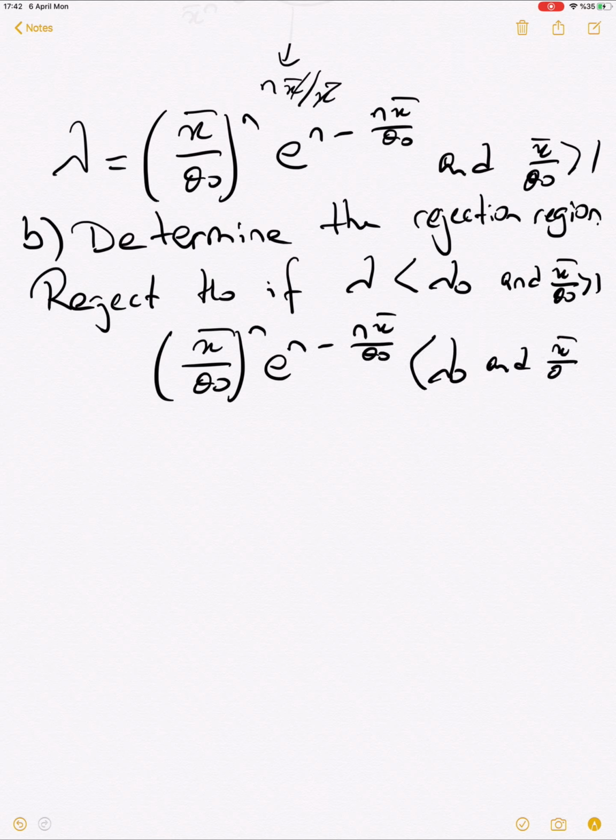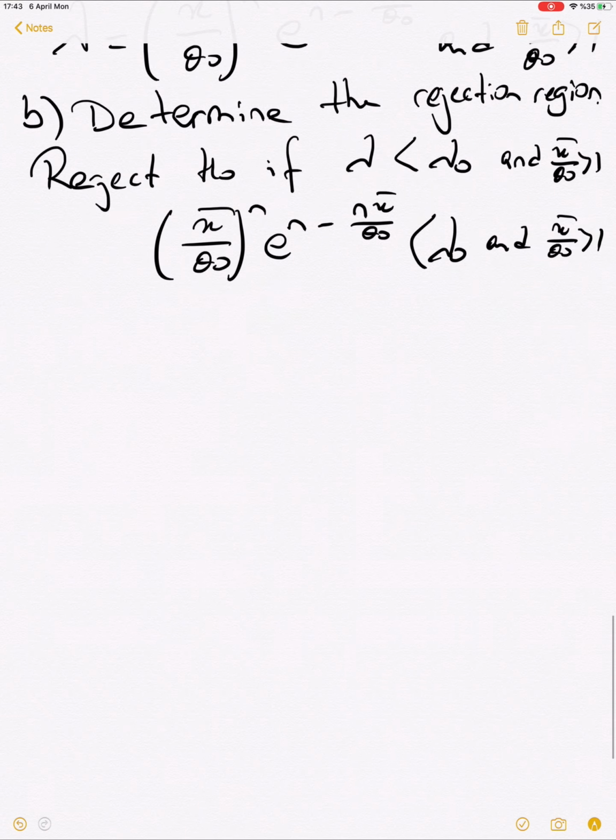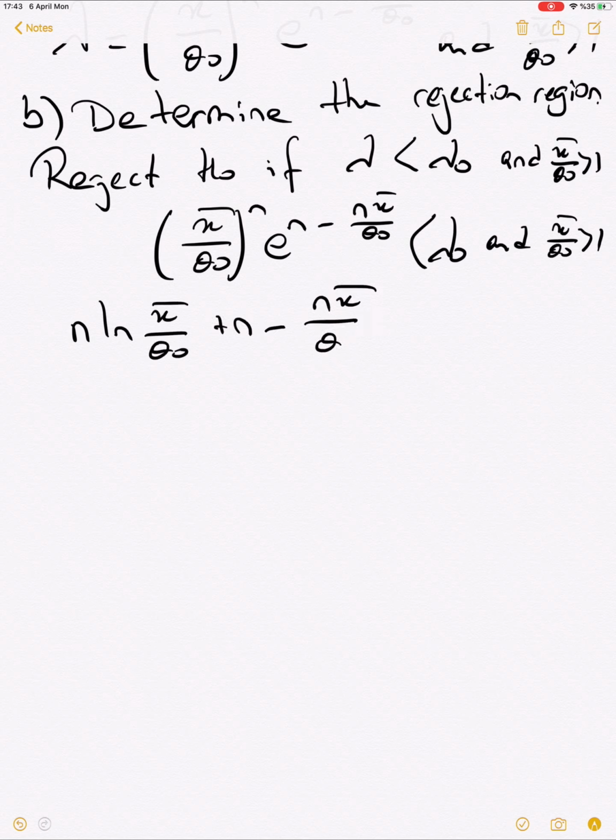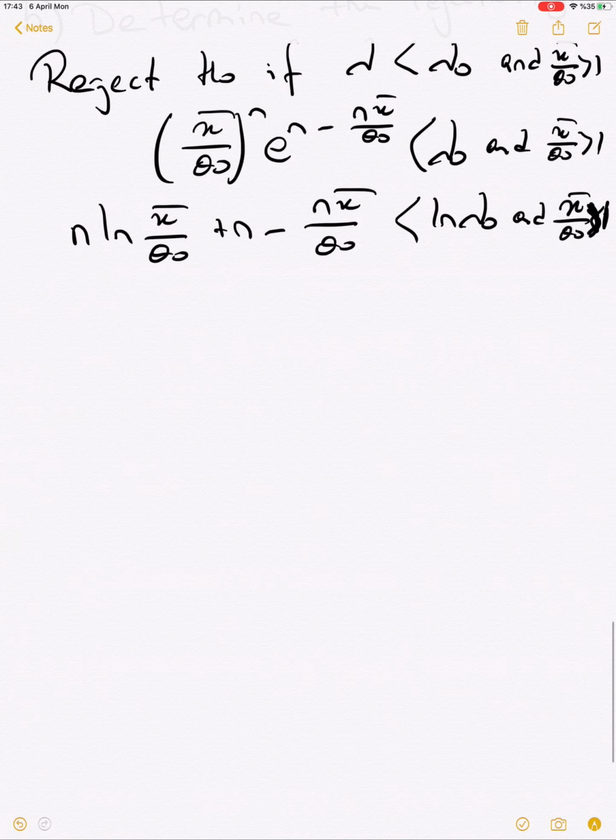And x bar over theta 0 is greater than 1. Let's take an ln of both sides: ln x bar over theta 0 plus n, and x bar over theta 0 less than ln lambda 0, and this is greater than 1. Okay, let y equal x bar over theta 0.